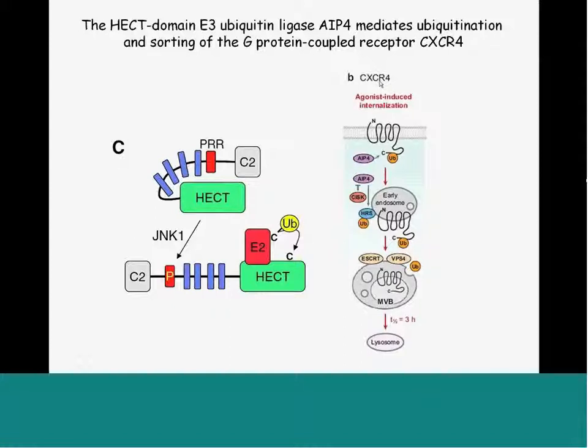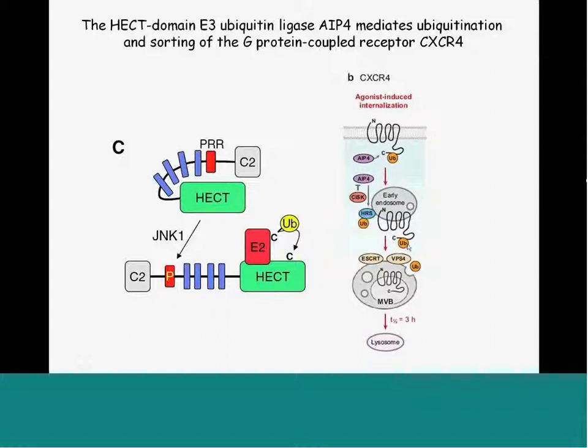And this is a receptor we study in my lab called CXCR4, the G protein coupled receptor, chemokine receptor that's implicated in various diseases such as cancer and HIV infection. Modification of this receptor by ubiquitin, in this case by the E3 ubiquitin ligase AIP4, targets the protein for lysosomal degradation.